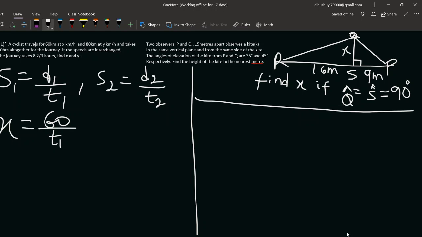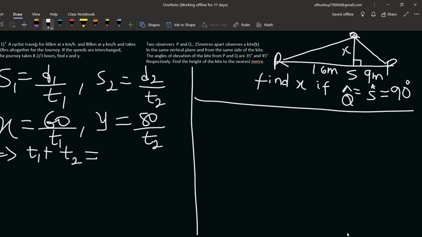And 80 kilometers at y kilometers per hour: we have another speed y equal to 80 kilometers over t2. Since we've been told that it takes 10 hours altogether, that implies that t1, the time for the first journey, plus the time for the second journey is equal to 10 hours.